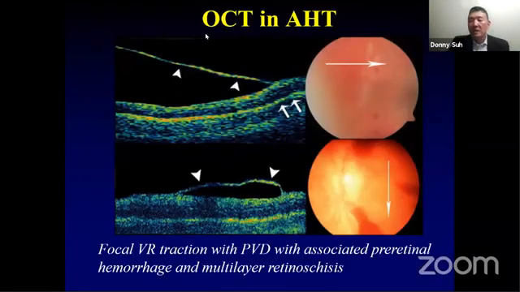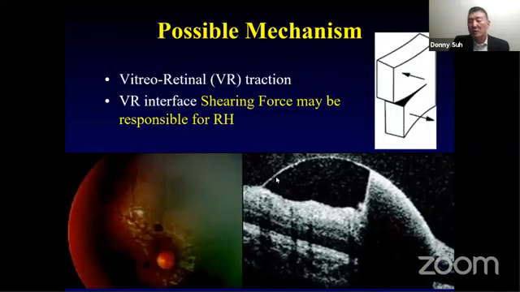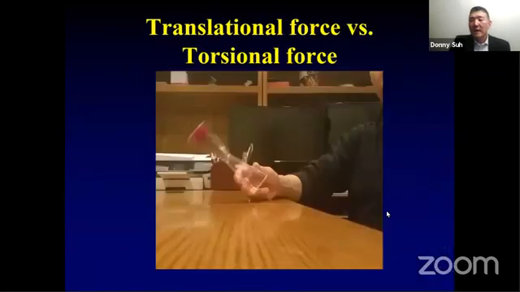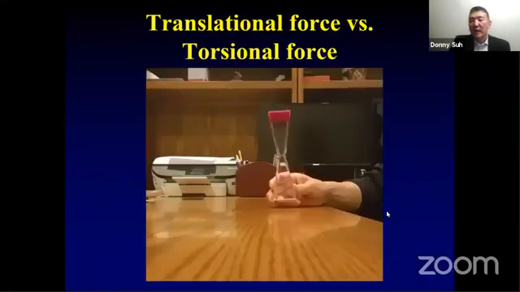OCTs in some of these cases have nicely shown focal vitreoretinal traction with the PVD associated with the preretinal hemorrhages, along with retinal schisis, as you can see.